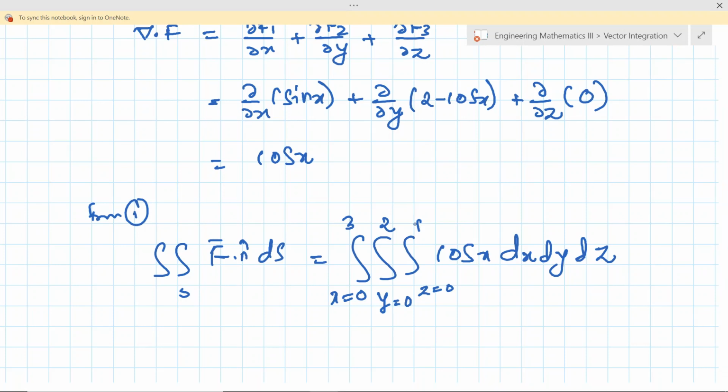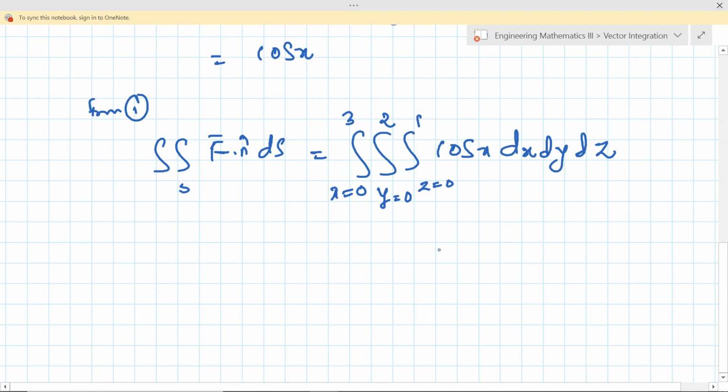So you can integrate with respect to any variable first. There is no problem, because all the limits are constant here. But if one pair is variable, then first integrate that pair and then go for the constant limits. Here there is no confusion, all the limits are constant, so you can integrate in any order.